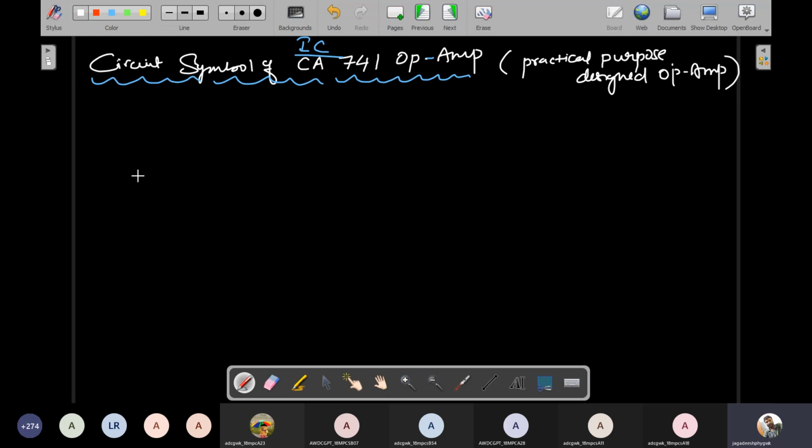Generally the symbol of IC 741 is like the same operational amplifier I'll explain, and here there are numbers. These numbers identify each pin.